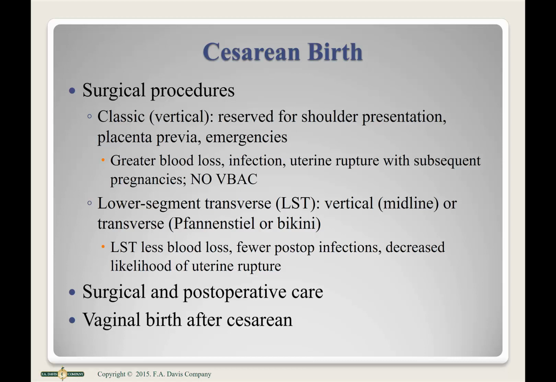It's trial of labor after cesarean. That's more politically correct terminology, because for a woman who wants to do a VBAC, we're actually trialing to see if she can labor. And if she can labor, then she can probably have a vaginal birth. So it's actually more politically correct to say TOLAC than it is to say VBAC. All right? Okay. Anyways.